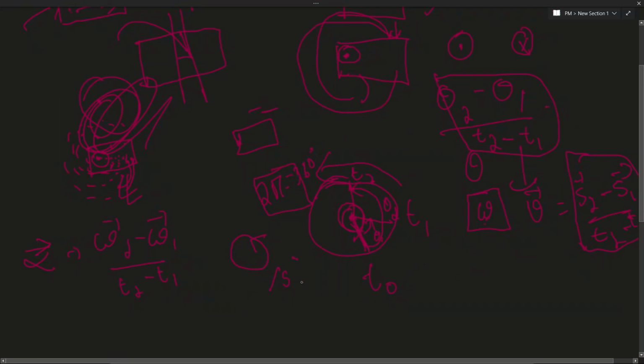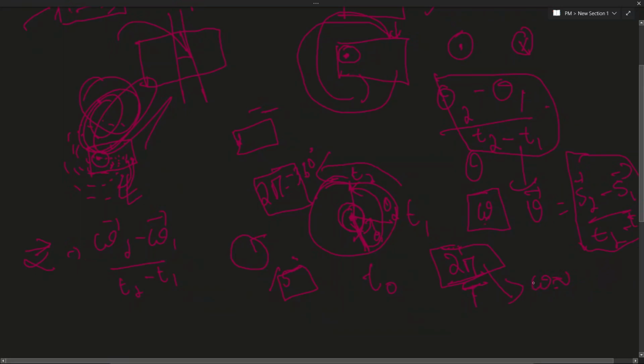To get the per second value, we have to divide the total angle by a value t, which is the amount of time it takes to complete one rotation. If we do this, we get the angular frequency or the angular velocity, which is the same thing.